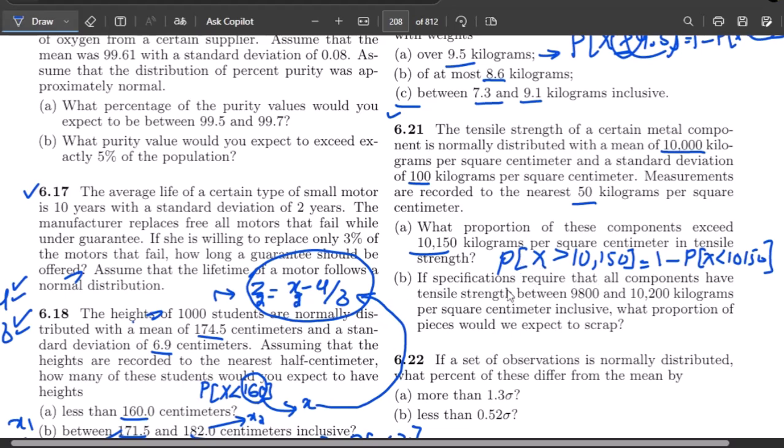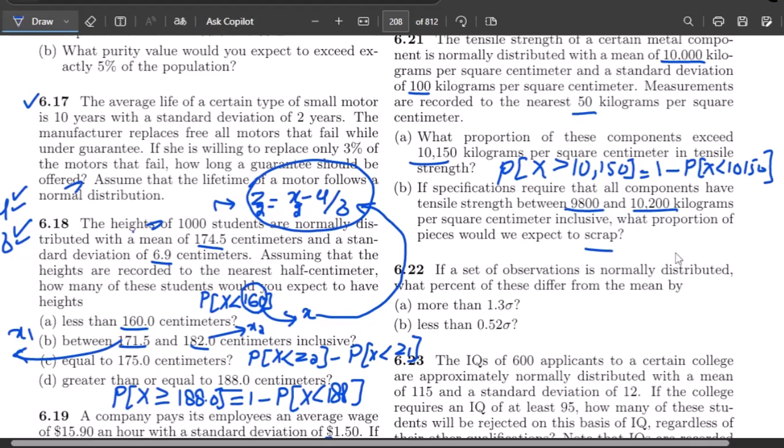In part B, if specifications require that all components have tensile strength between two values per square centimeter inclusive, what proportion of pieces would we expect to scrap? Again it is similar to the earlier ones, so we find the values and then get the answer by employing the z distribution table.